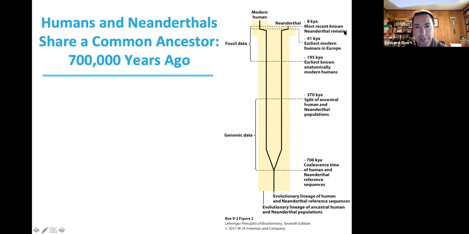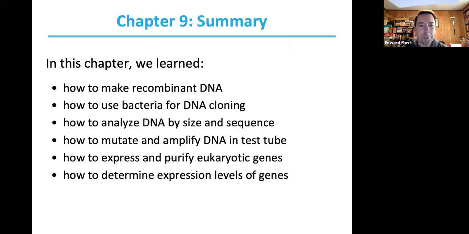So we can look at this lovely little background in here. Here's our common ancestor 700,000 years ago. We can see the split between the two, and maybe around 8,000 years ago is when we beat the Neanderthals, we win, yay!